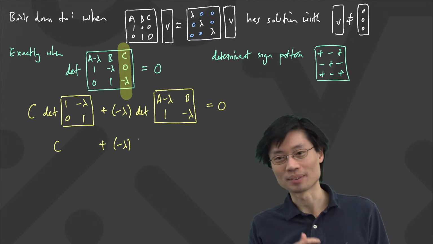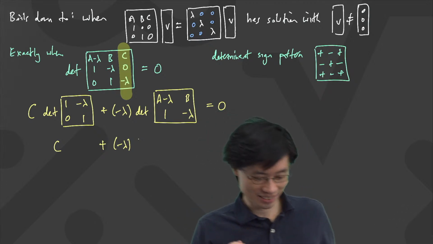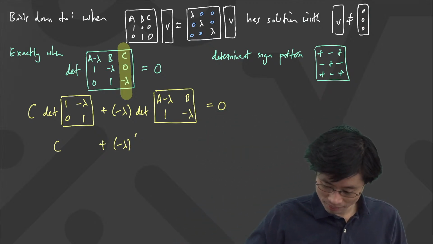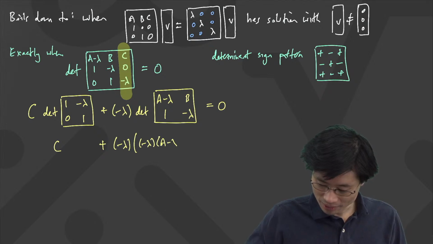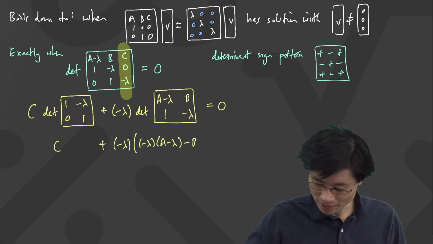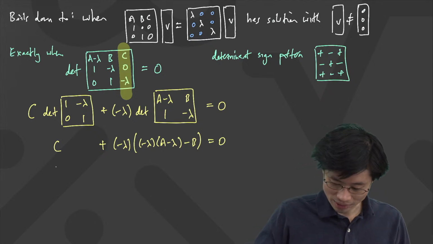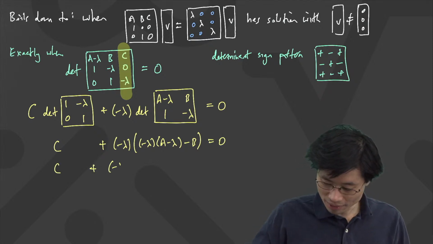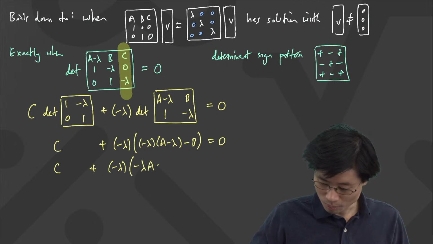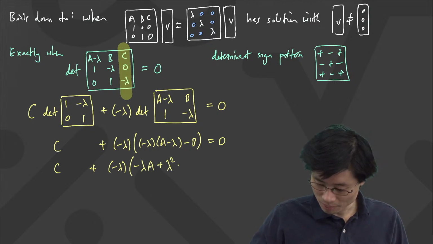Minus lambda times something. Minus lambda times A minus lambda minus B. Okay, and then minus B. Now I have to do some expanding. So this is C plus negative lambda times, negative lambda A plus lambda squared minus B.